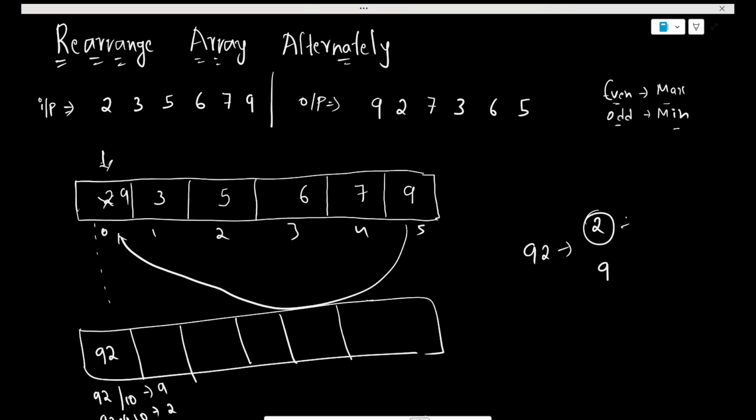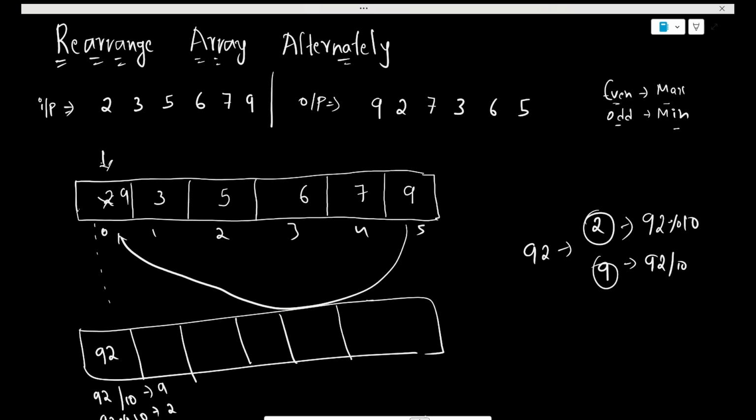So the value 2 is not lost here. We can obtain 2 by just doing a modulus operation with 10. And to get the new value there, just divide by 10. So how is 92 obtained? Before that, how will the procedure go?